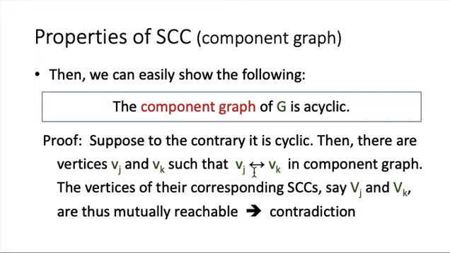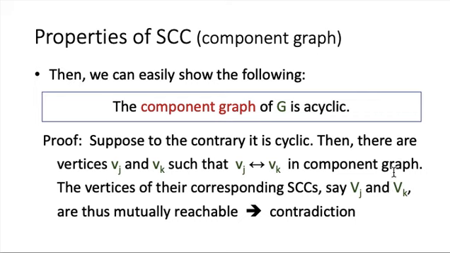If Vj and Vk are mutually reachable in the component graph, then the corresponding components, big Vj and big Vk, will be mutually reachable, because any vertices in Vj are mutually reachable, and some vertex has a connection to some vertices in Vk. So all the vertices in Vj can reach all the vertices of Vk, and similarly Vk is mutually reachable to Vj.